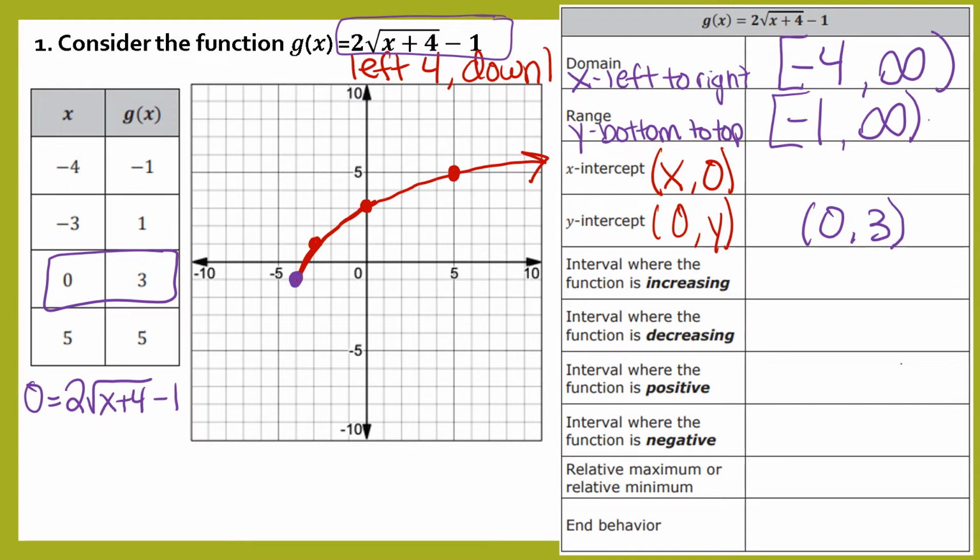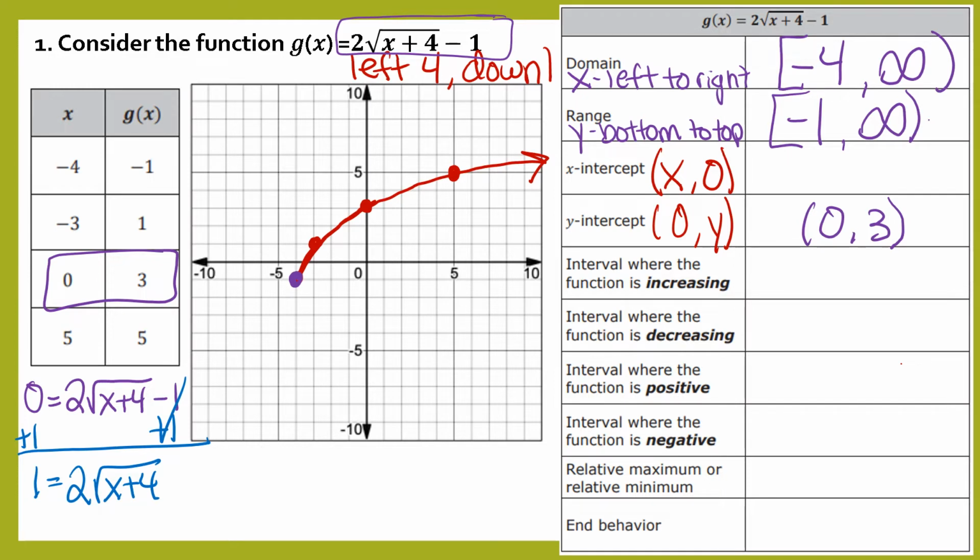So this is a radical equation. Someone remind me what I need to do when I'm trying to solve radical equations. Yeah, we're going to isolate the radical. So we're going to first get rid of that -1. We're going to add 1 to both sides. So we get 1 equals 2 square root of x plus 4. Now you can divide both sides by 2 and then square both sides, or you can square it like it is.